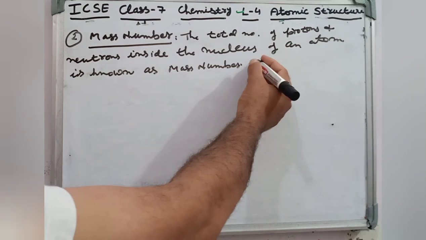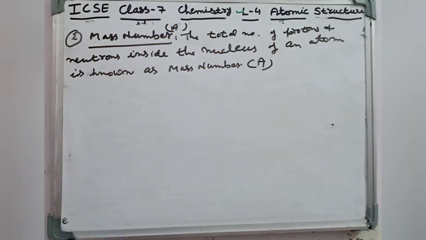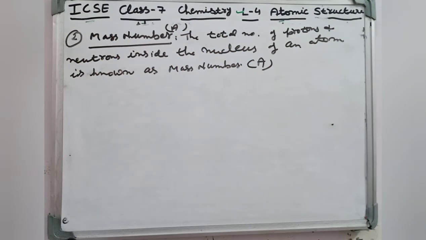Mass number is represented by A. Atomic number is represented by Z. Atomic number is the number of protons, whereas mass number A is the total number of protons plus neutrons inside the nucleus. Okay? Right?